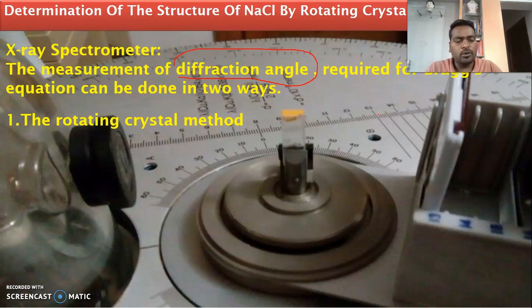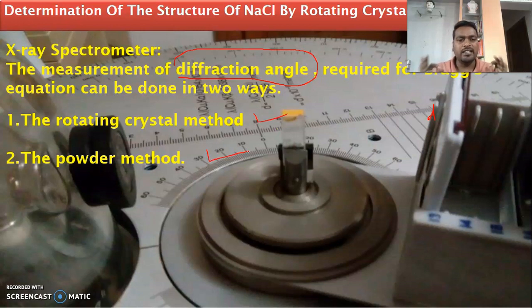If you know the diffracting angle, you can easily calculate D. It can be performed by two methods: the rotating crystal method and the powder method. Dear student, X-ray crystallography and X-ray spectrometer are the same. The X-ray spectrometer is a device through which we can determine the structure of a crystal by two methods, the rotating crystal method and the powder method.